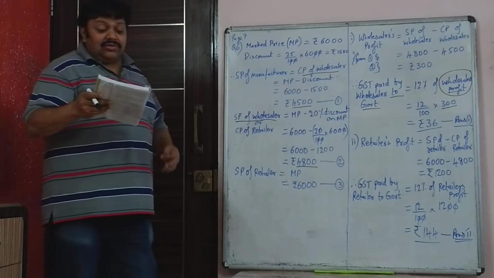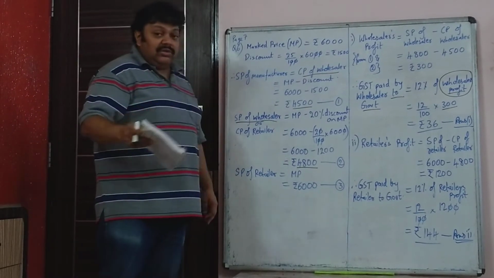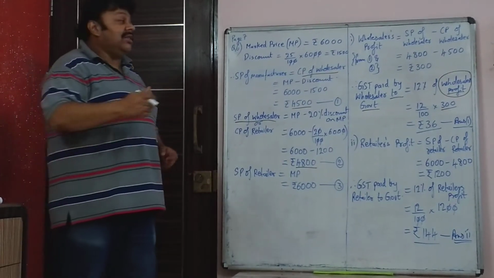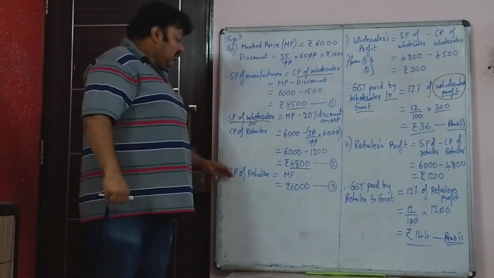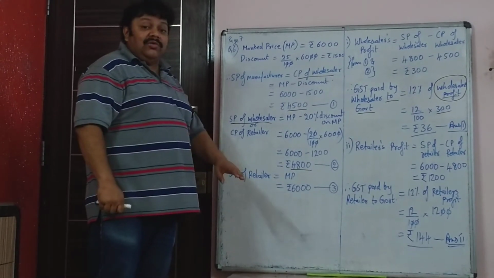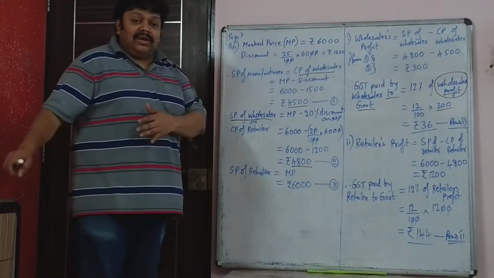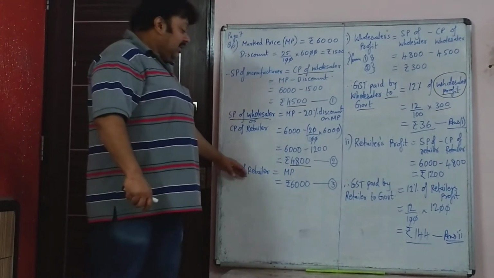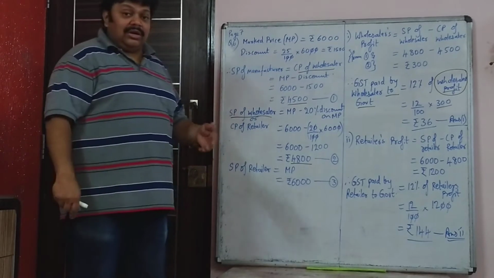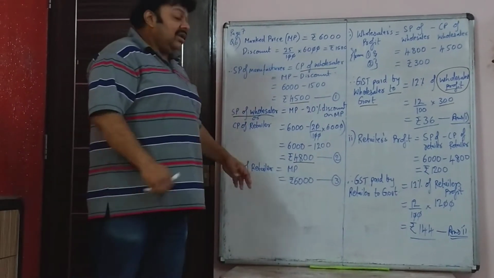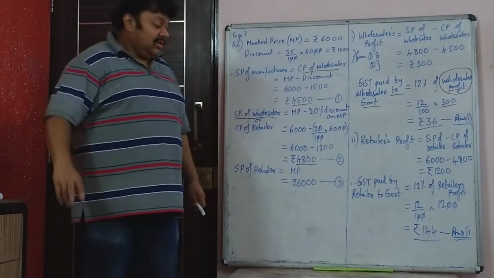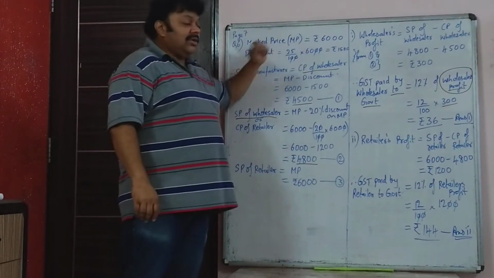Next they have asked you, second part of the same question, what is the GST paid by the retailer? So you need to find what is the SP of the retailer. You have already found CP of retailer. Question clearly says the retailer, another word is shopkeeper, is selling it to customer at the mark price.